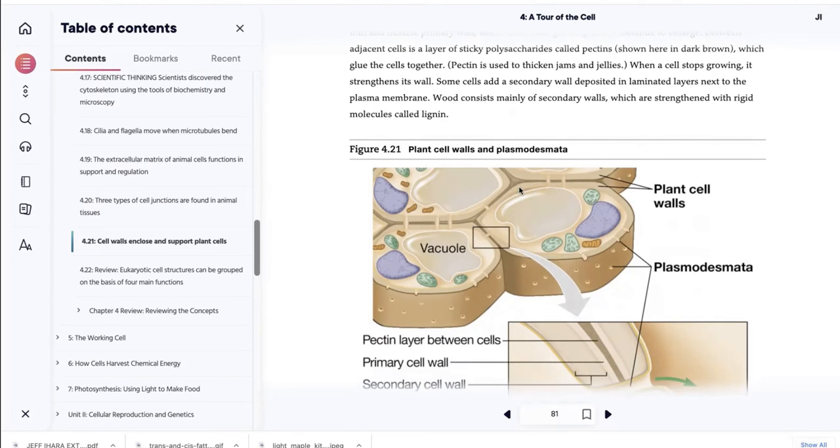It's not exactly the picture that I wanted to show you. Just look for the blue line here.